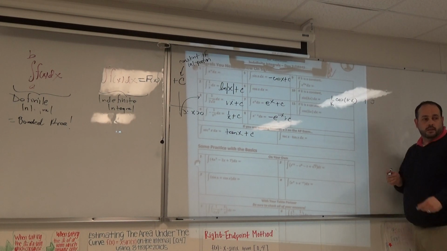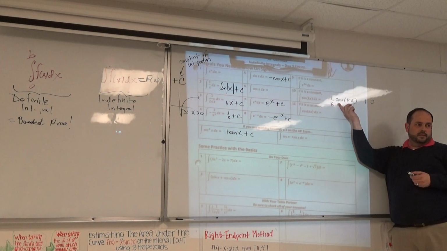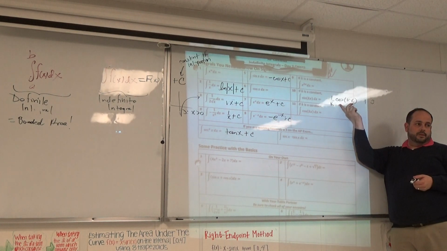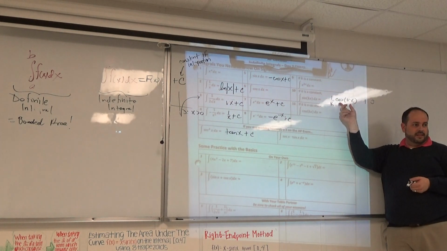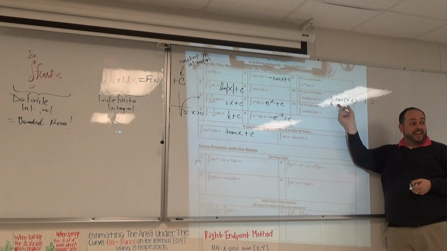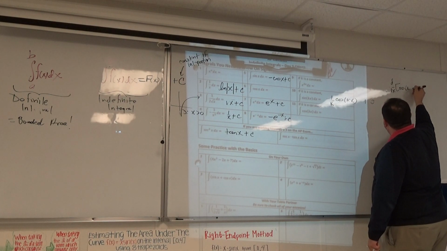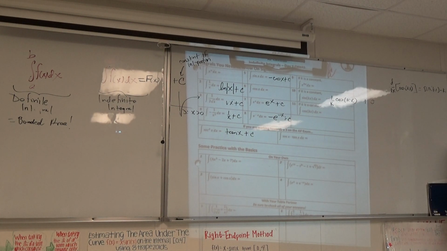Because it should be a chain rule. If I was going to take the derivative of cosine of kx, it's the derivative of cosine, which is sine, then you bring down the k.